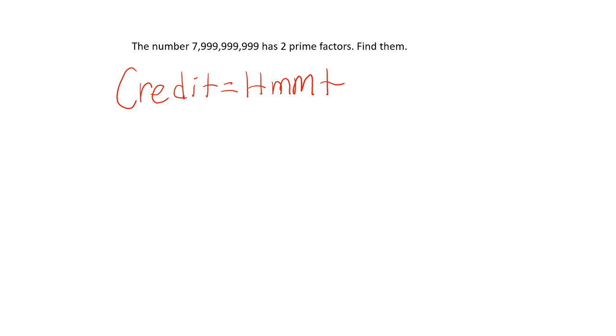All problem credit goes to them. Now we have a number that has two prime factors, and we're asked to find them. And I want you to come up with a strategy based off of everything we've learned. You can solve this pretty easily if you've been paying close attention to everything we've learned throughout the video. I want you to solve the following problem.